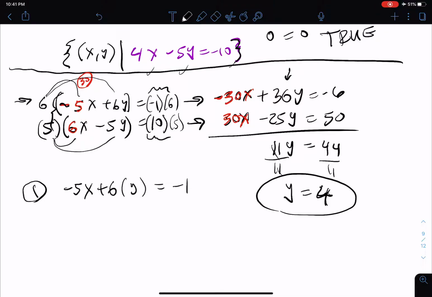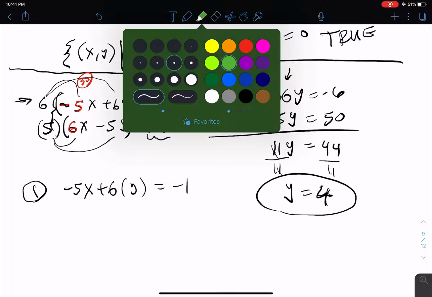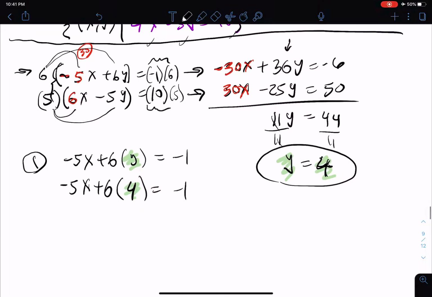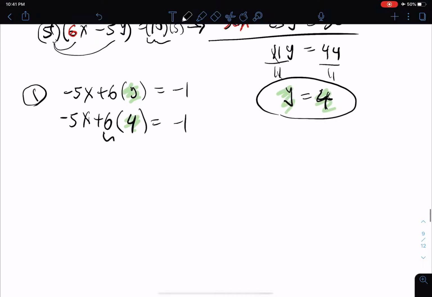Well, the fact of the matter is we know that y is the same as 4. So we're going to replace y with, guess what? 4. Let's do it. So we've got negative 5x plus 6 times y, so y equals 4, equals negative 1. And now I've got one equation with one variable, which is always an awesome thing.